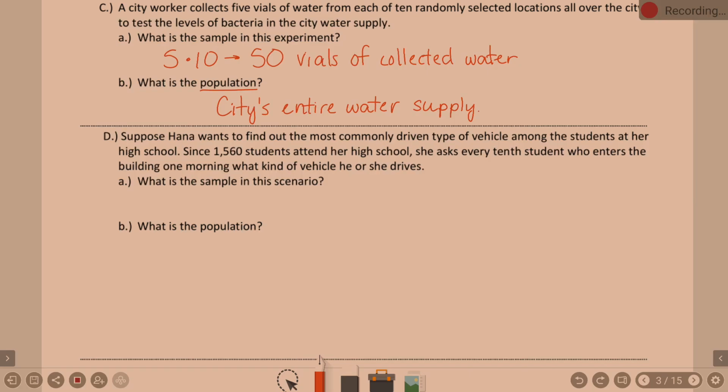However, if you also wrote the 5 vials from each of the 10 locations, that works for me too. Okay? Are we good one way or the other here? Okay.